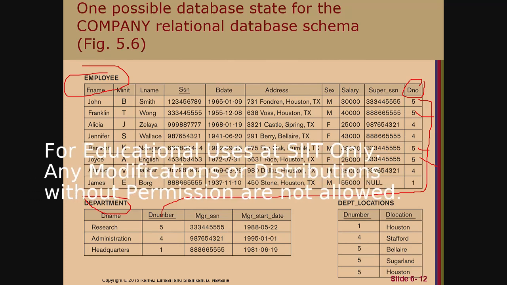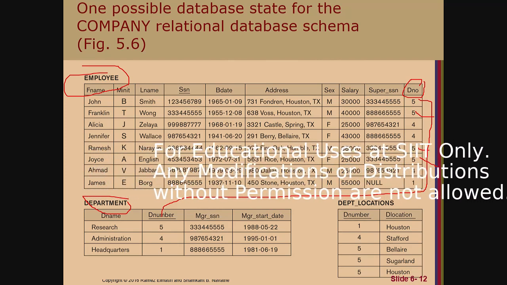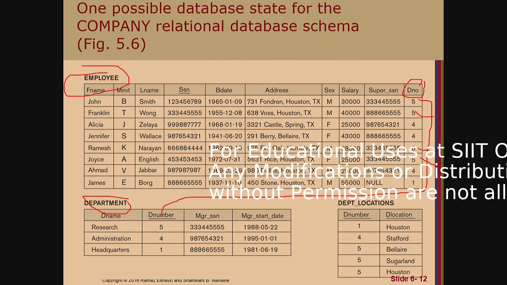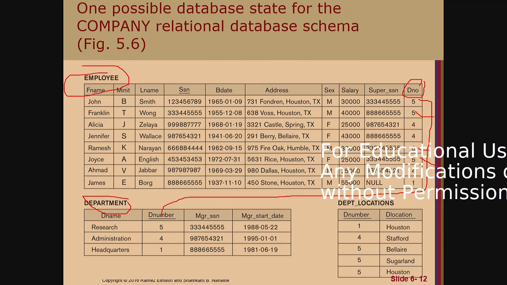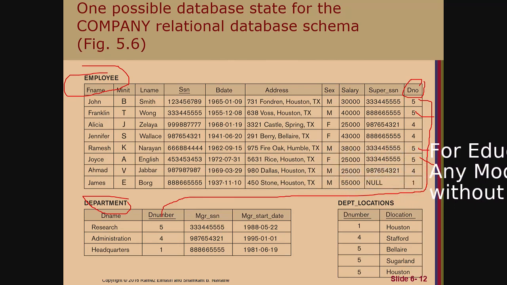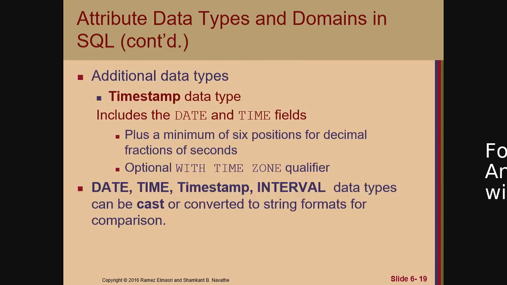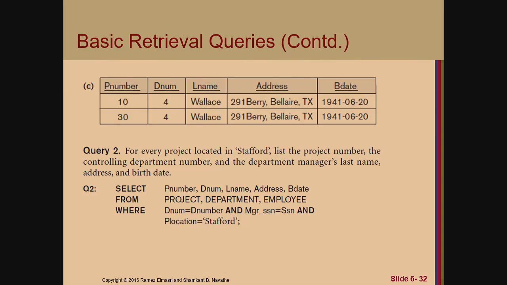But when you reference that, you have to use 2 tables. The first one is employee, and the other one, where you have research as the name of the department, is the department table. You have to refer to both tables, employee and department. Let's see the command. Okay.